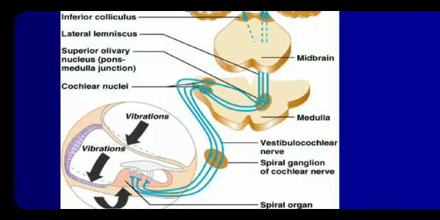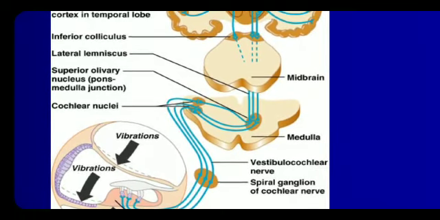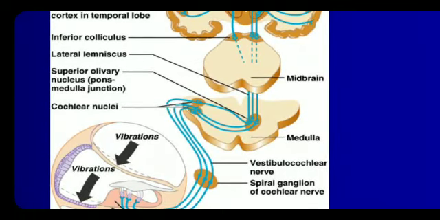So from here the second order neurons start. So here you can see the second order neurons, most of the fibers cross to the opposite side. Some remain on the same side, but most of the fibers cross to the opposite side and end in the superior olivary nucleus.